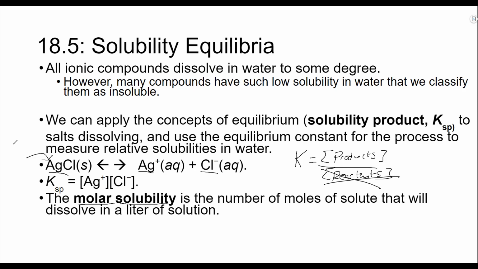Remember, generally, we do not have solids or liquids in our equilibrium constants because their concentrations don't change during a reaction. So we just assume that they're constant. I'll link a video to equilibrium constants below in case you need a little brush up on that. But let's get into our example problem.